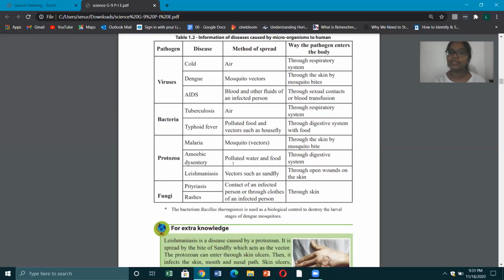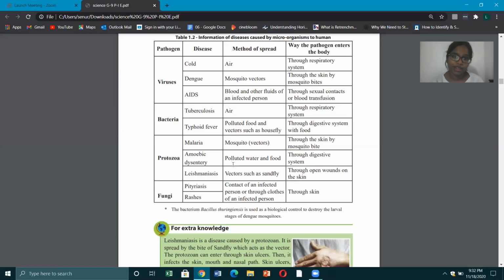Amoebic dysentery, children, the symptom is diarrhea. You get it because of a protozoan parasite named Entamoeba histolytica.